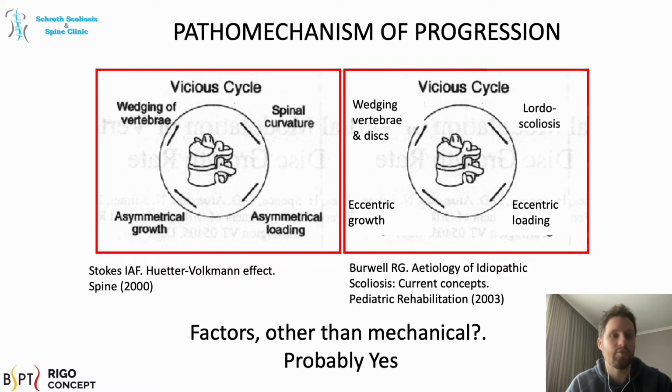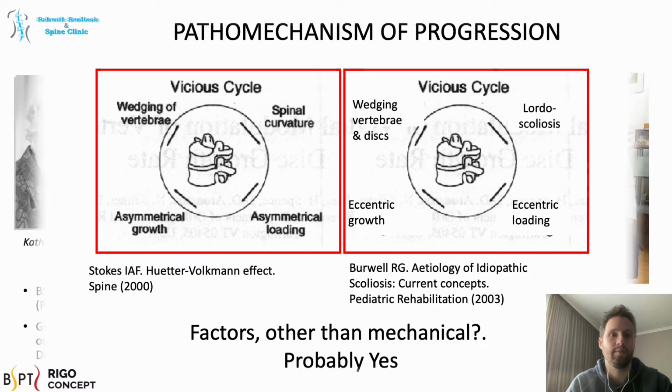We need to reduce the asymmetrical loading, and this is why during exercises, as you will see later, we need to correct. First of all, put everything in correction and then activate in the corrected position. So we reduce the asymmetrical loading, asymmetrical growth and vertebra wedging, and improve kyphosis during growth.